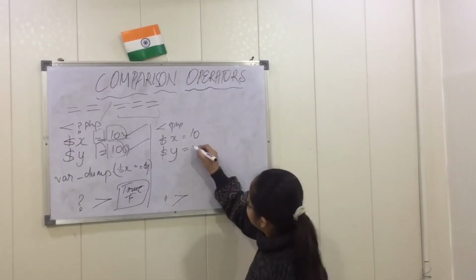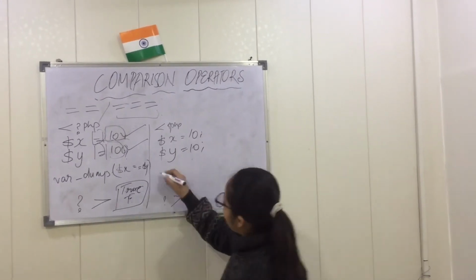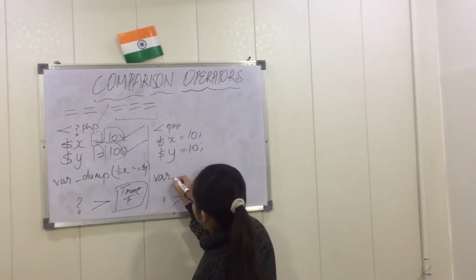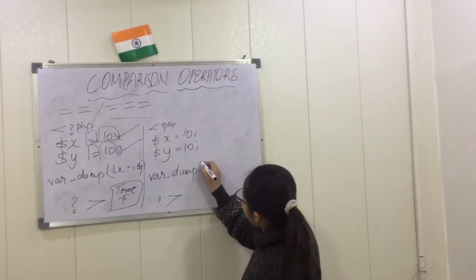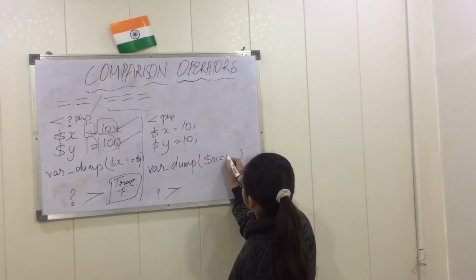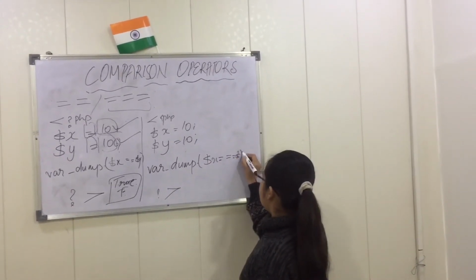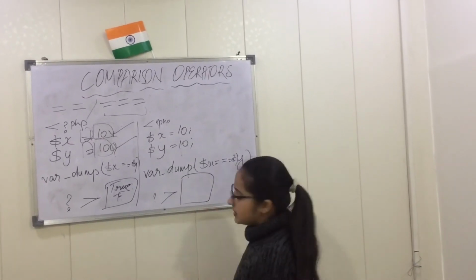Suppose I am taking 10, and here also 10, then a semicolon. After that, to check the value, we will write var_dump. Then we will pass $x is equal $y, and then a semicolon. So this is the display screen.